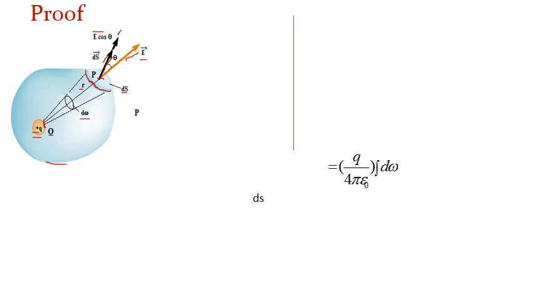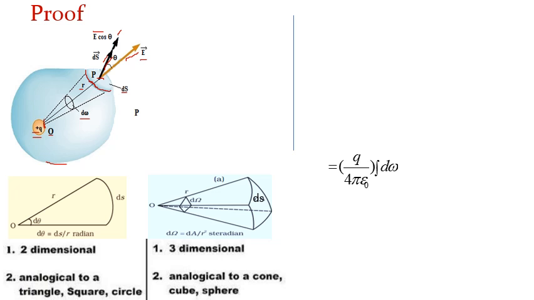Now you must not get confused between plane angle and solid angle. Imagine this is that area, and the angle subtended by the whole area at O is the solid angle, which is measured in steradian, and is three-dimensional, analogous to cone, cube, sphere.